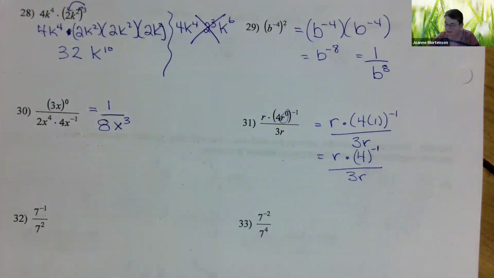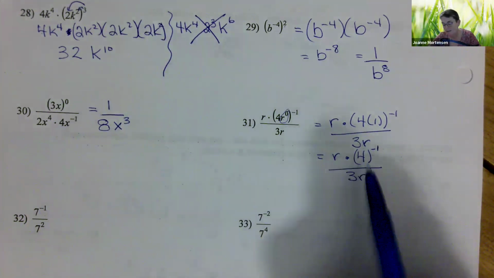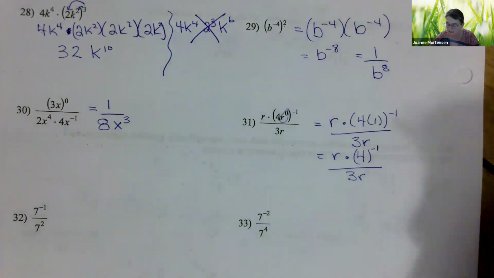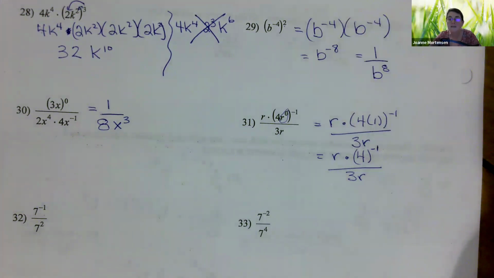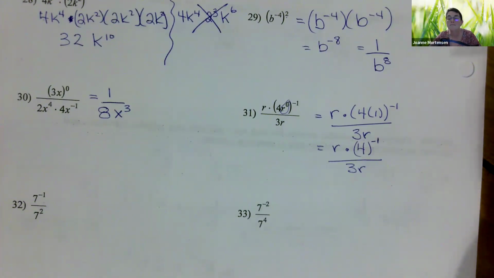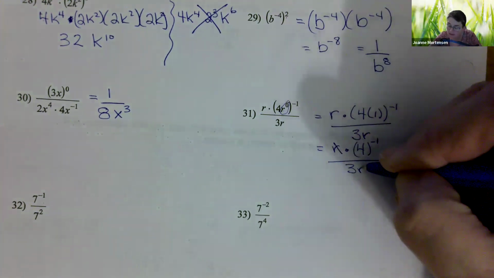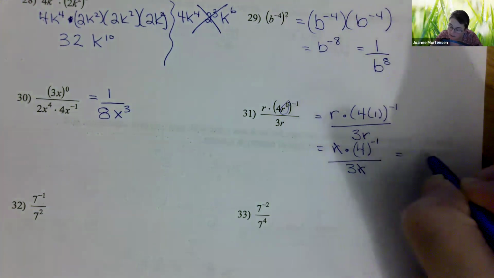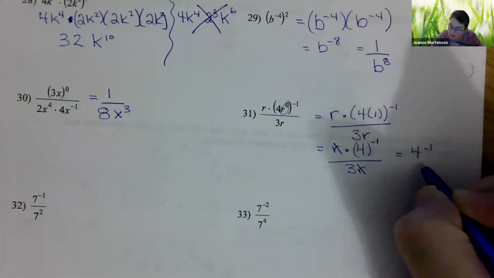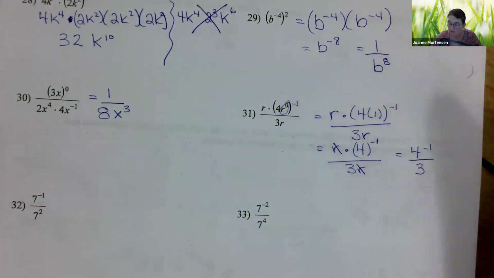Technically we multiply these together, but that doesn't make any sense. So let's just make it easy. What do you know about the r's? You're right. Bye-bye. Those cancel. So I'm going to get 4 to the minus 1 over 3, which looks pretty weird.